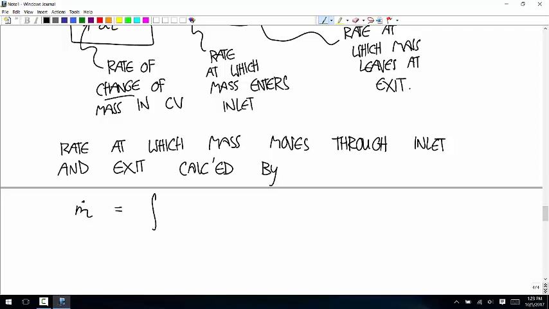Now, we're thinking of the inlet and the exit as a plane. If you're still on this side of the plane, you're in the control volume. If you pass that plane, you're out of the control volume.